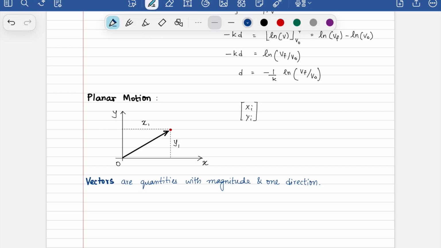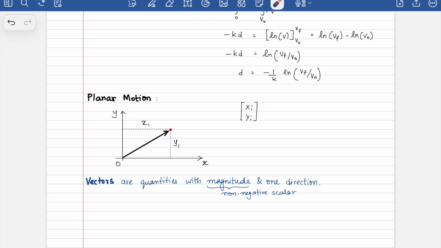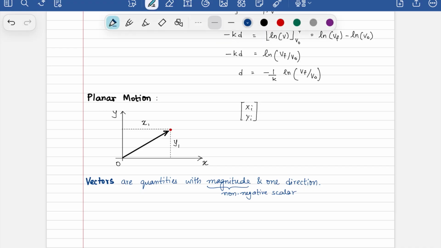Now, in this definition, the magnitude is some non-negative scalar, which is basically giving a sense of distance. So if you were to measure it, how much is this distance? That is a magnitude. And this distance is non-negative, which means that it can be 0 or some positive number.